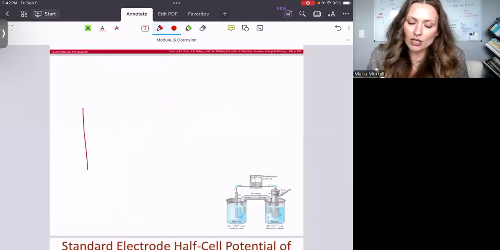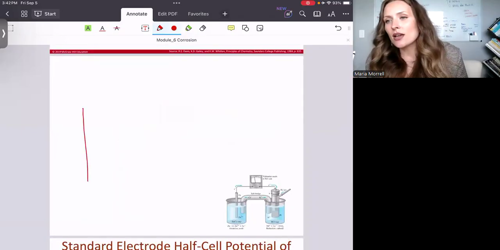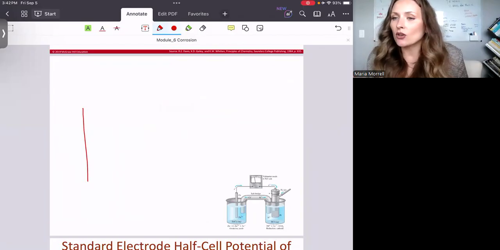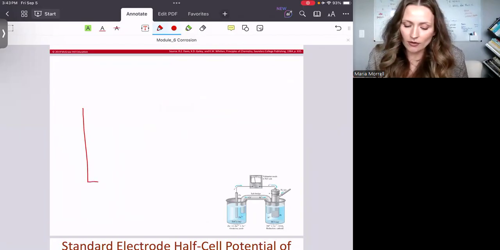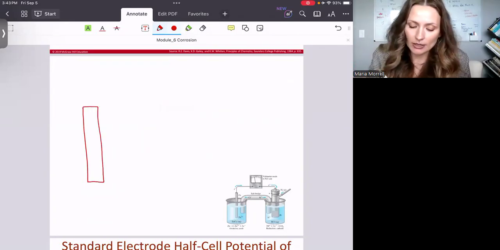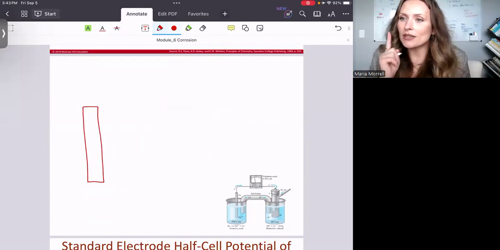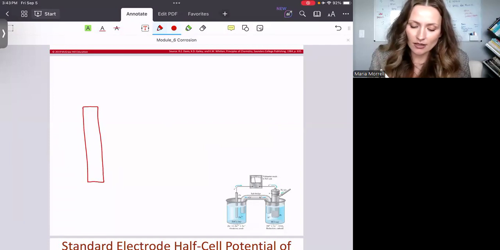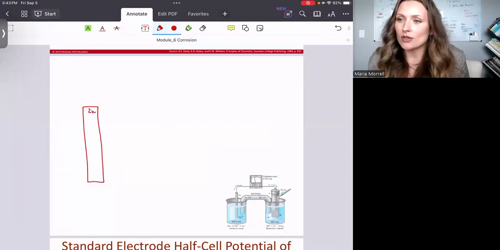To measure the tendency of any metal to corrode, I'm going to do the following. Keep in mind that this bar is a target bar. It could be made of any metal, so this is the thing that you will be swapping depending on which experiment you're running: zinc, aluminum, magnesium, and things like that. To begin with, I'm going to start with zinc because I already know what happens when zinc corrodes.